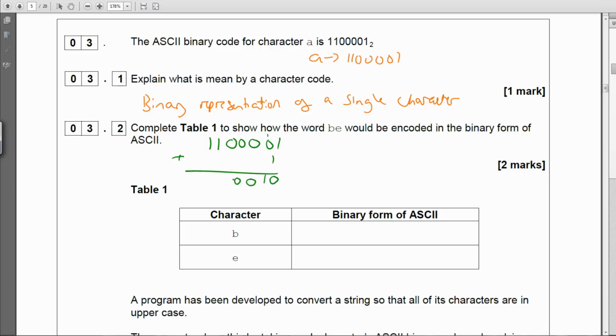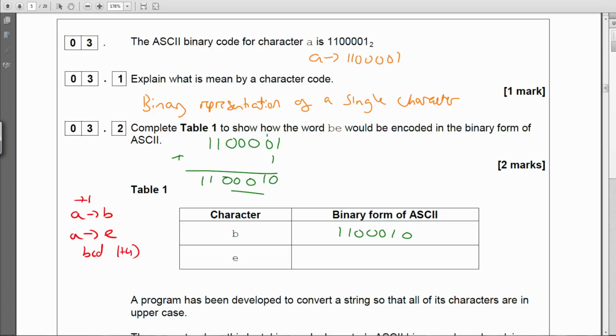So this is what B is going to be because it's 1 greater than A. Maybe we just do it on the side: A to B is 1, so plus 1. A to E, we've got B, C, D in between, so this is 1, 2, 3, 4, so this is going to be plus 4.